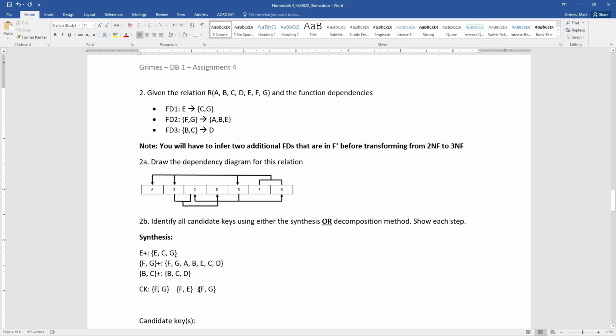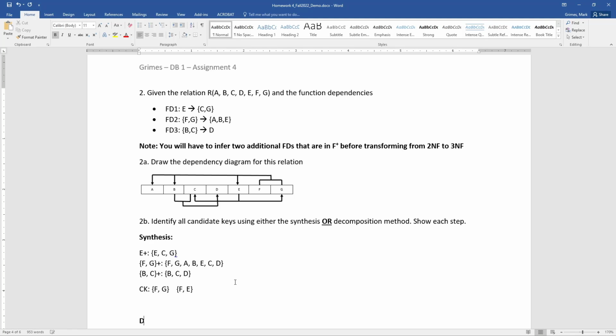So once we get into a situation where we're finding candidate keys we have already found, that's a good signal to us that we have identified all of the possible candidate keys in the relation. So we actually don't need to repeat FG, we can just stop here and know that FG and FE are our two candidate keys. So that's the synthesis process.